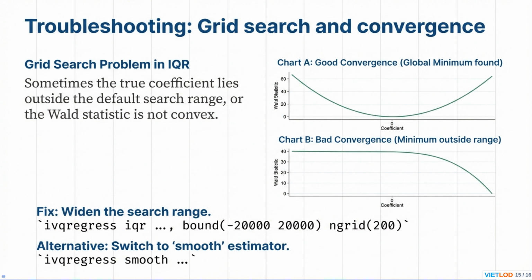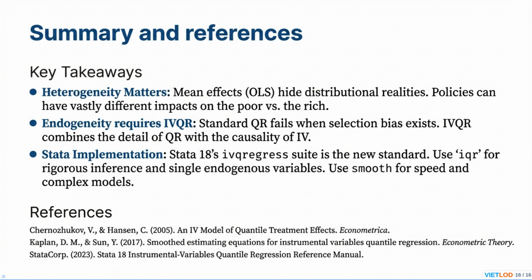The IQR estimator relies on a grid search algorithm, which can sometimes run into issues if the true coefficient is outside the default search range. Looking at the charts, Chart A demonstrates good convergence with a clear global minimum in a convex walled statistic. In contrast, Chart B shows bad convergence, where the curve is monotonic, indicating the minimum lies beyond our current search bounds.